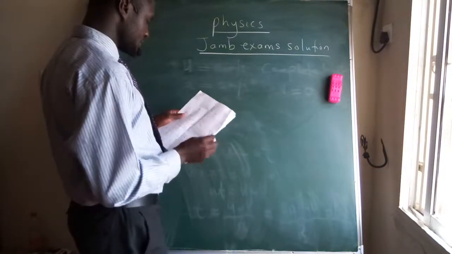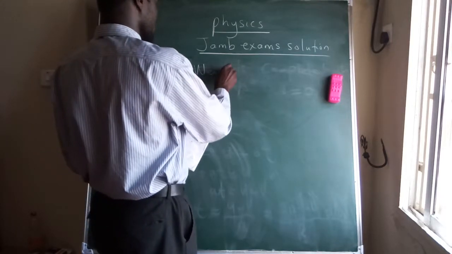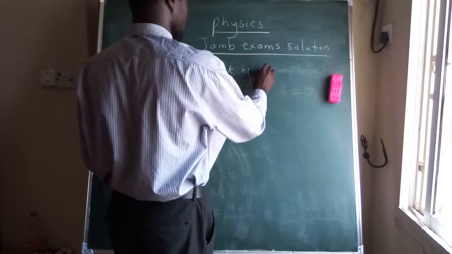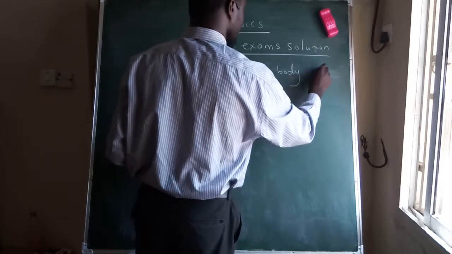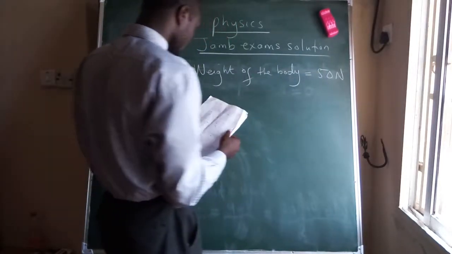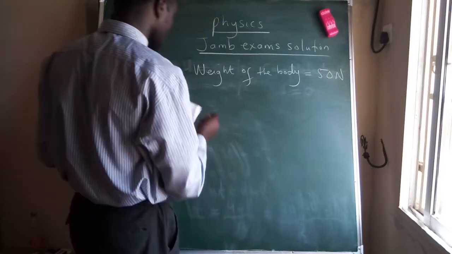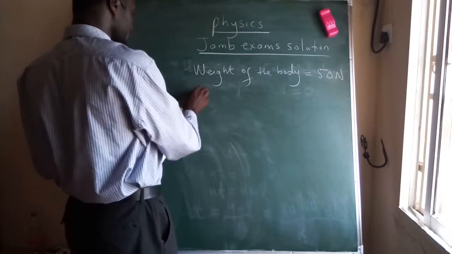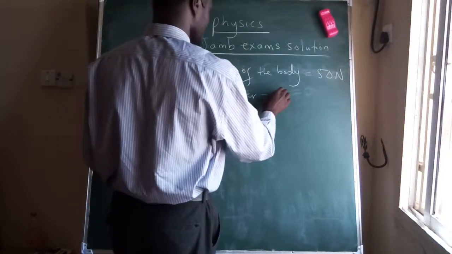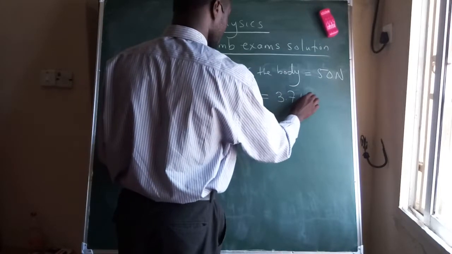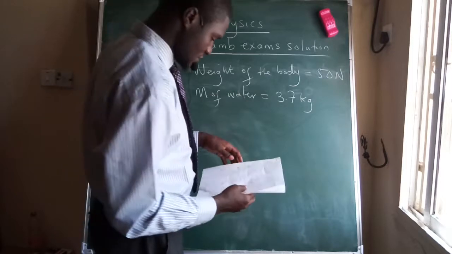So from this question, a body which weighs 50, meaning the weight of the body is 50 Newton, and this body displaces 3.5 kilograms of water, meaning the mass of water displaced is equal to 3.5 kilograms. And the mass of water displaced is the same as the mass of the body immersed in the water.